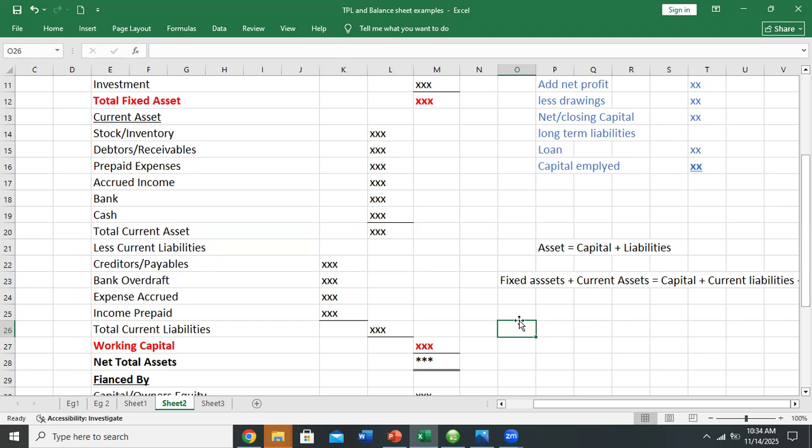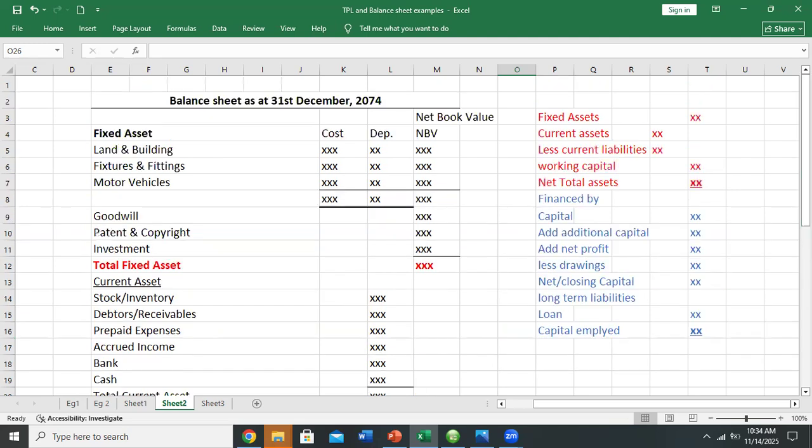So let's do some small gymnastics. Now, the balance sheet can be presented in different models or methods. But for your level, it is recommended that you look at what we call the net asset method. Professors, the net asset method. I think I have not done this in classes.